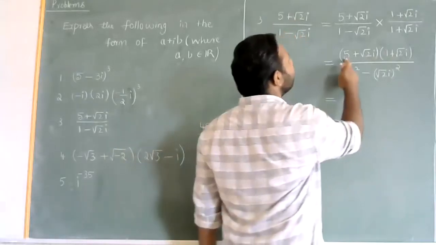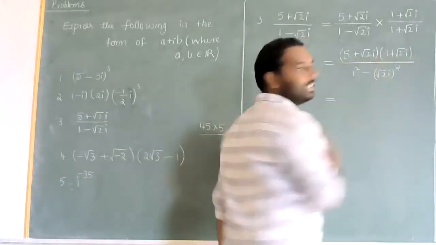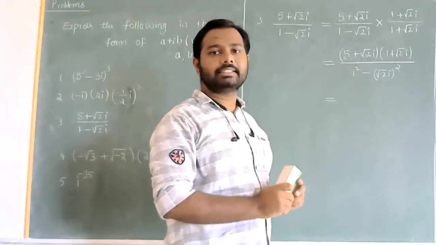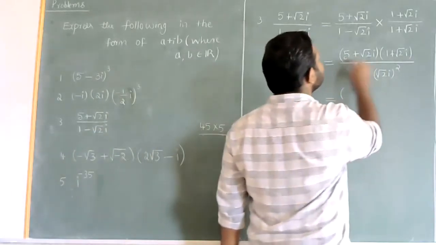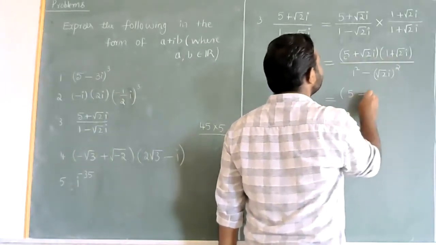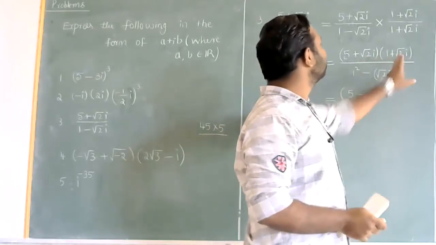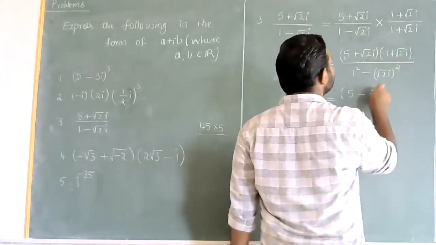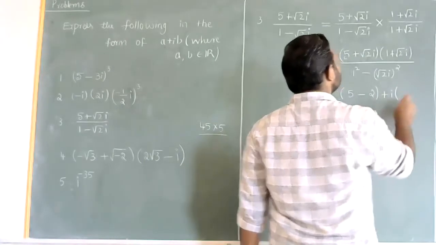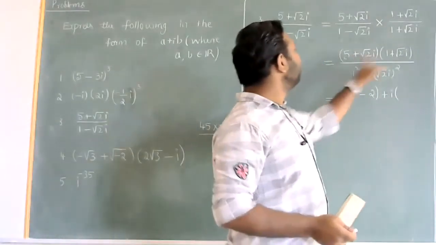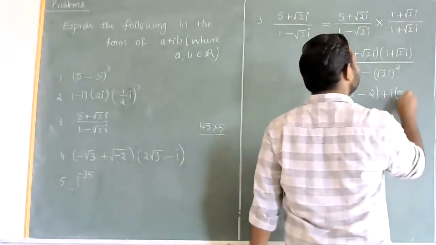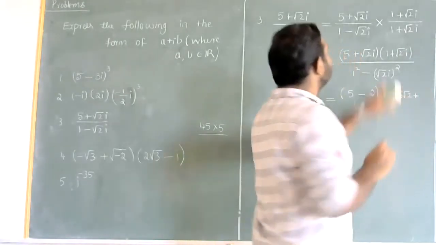It is of the form A plus iB, C plus iD. It will be AC minus BD, so 2, plus i into AD plus BC.